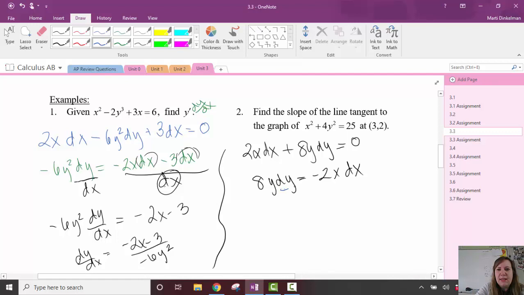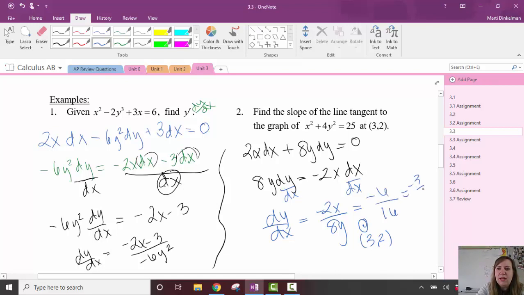Then remember my next step is to divide by dx. So dy dx is negative 2x over 8y. We can simplify that if we want to, or we don't have to. I'm going to plug in that 3, 2 right now. That's negative 6 over 16, or negative 3/8, for the slope of the tangent line.